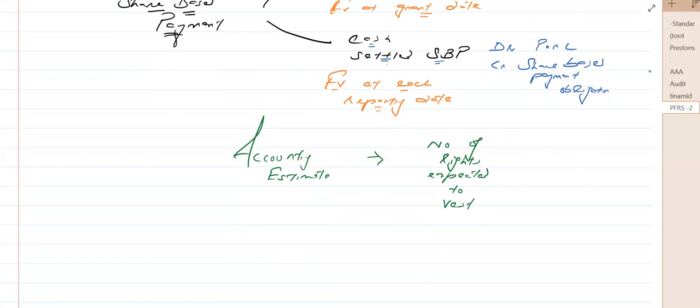So then at each reporting date, we estimate how many of the employees or the directors are going to stay. And based on that, we calculate the number of rights expected to vest. So this is an accounting estimate we are using over there.